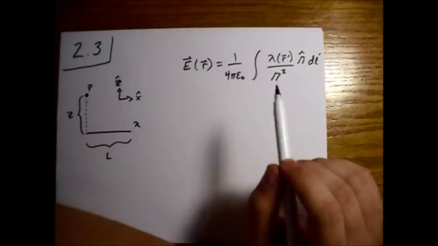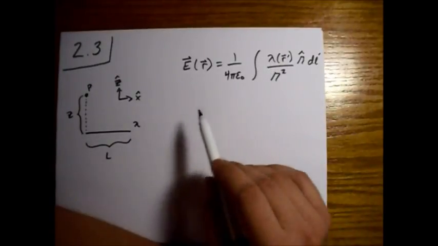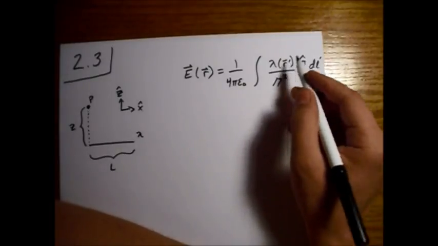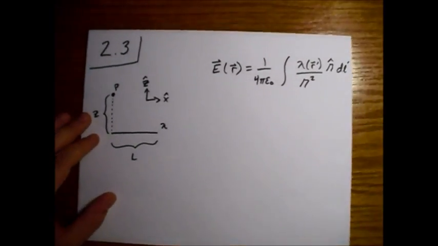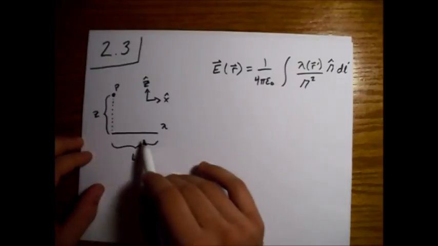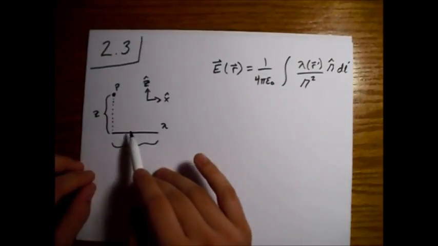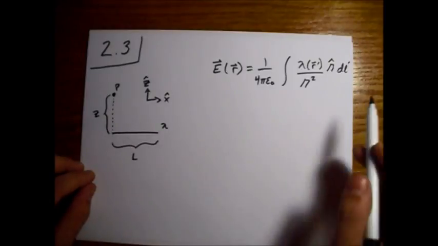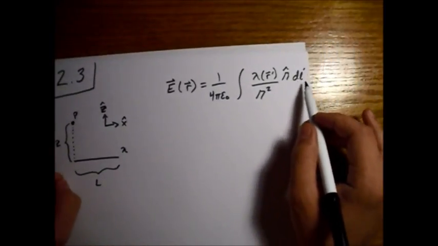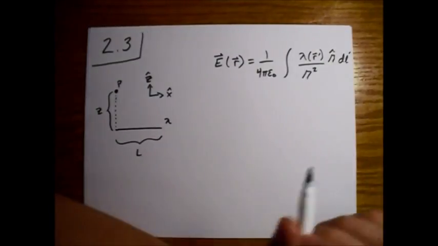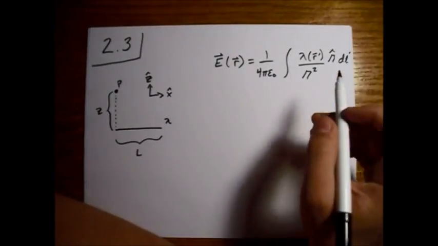First of all, this lambda is a constant, so it's actually not a function of this r primed variable. R primed, again, is just the displacement vector, or the position vector of wherever this little piece of charge is located. So it's constant, so it can actually come out of the integral.